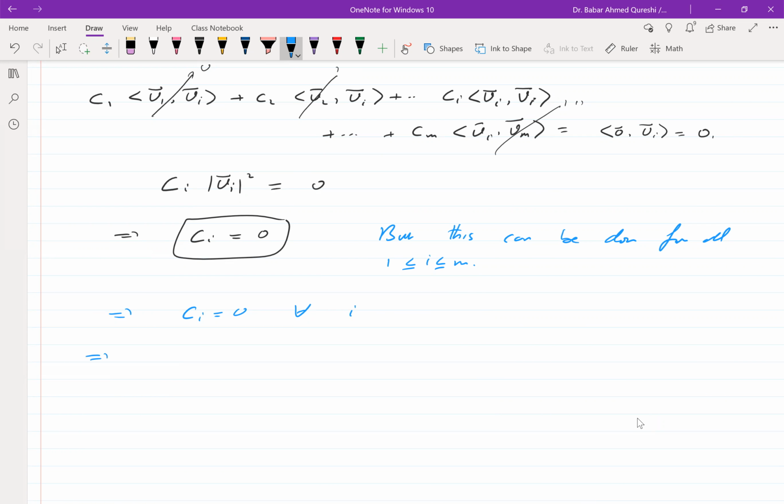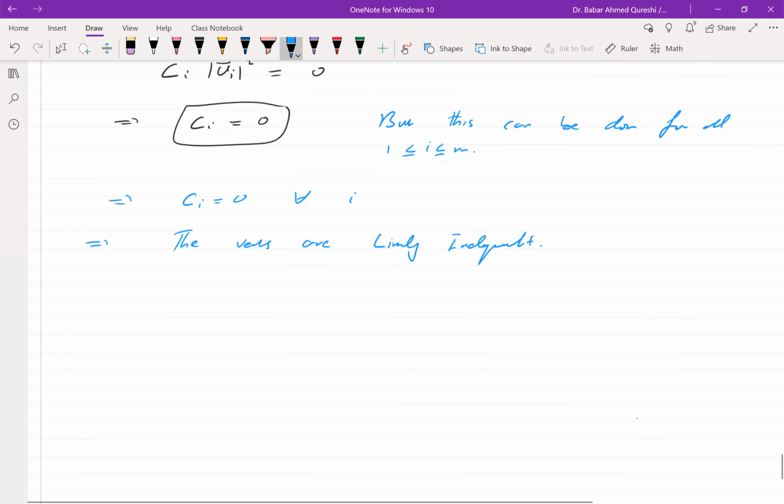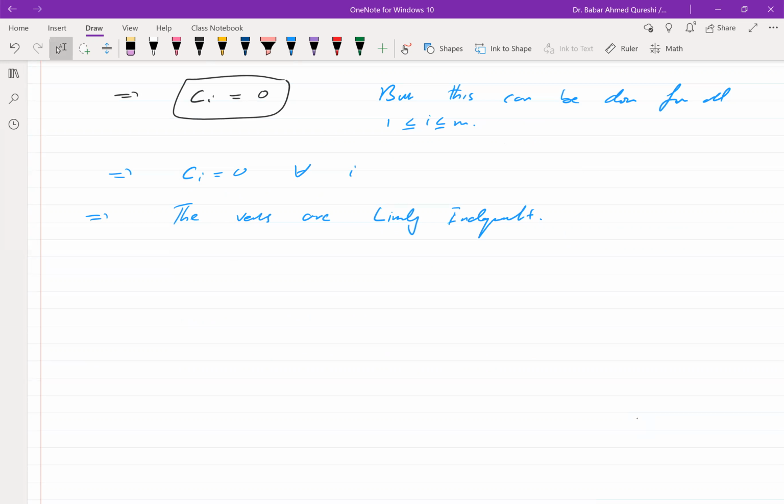This implies the vectors are linearly independent. I assumed that the linear combination is 0, and I was forced to conclude that all the coefficients are 0. The linear combination can be 0 only if the coefficients are 0. So if they're orthogonal, then they are linearly independent. So then I have a very quick conclusion.